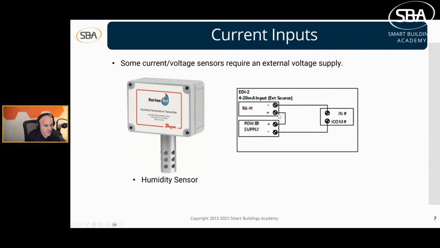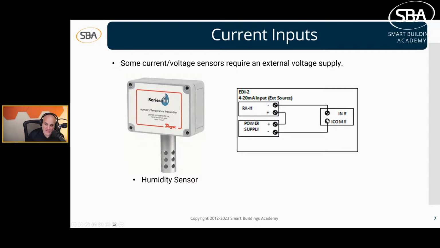And if we remember from Ohm's law, which you have not learned yet, but you will in the electrical video we will have upcoming probably a month from now, there is a relationship between current, resistance, and voltage called Ohm's law. So as we pass through voltage, we can vary the resistance and allow the sensor to read the resistance on the line.